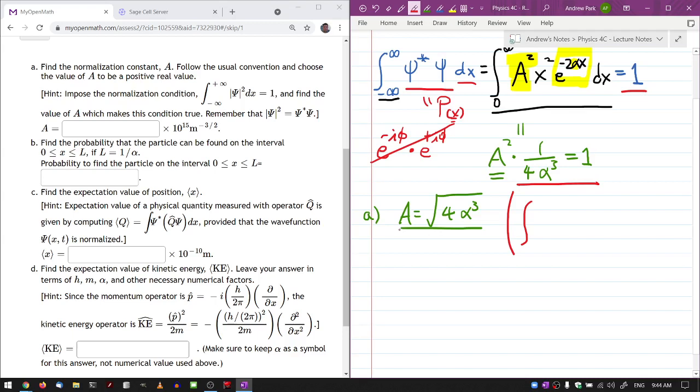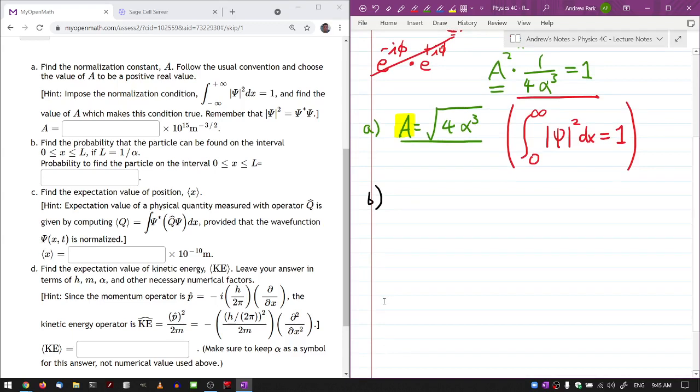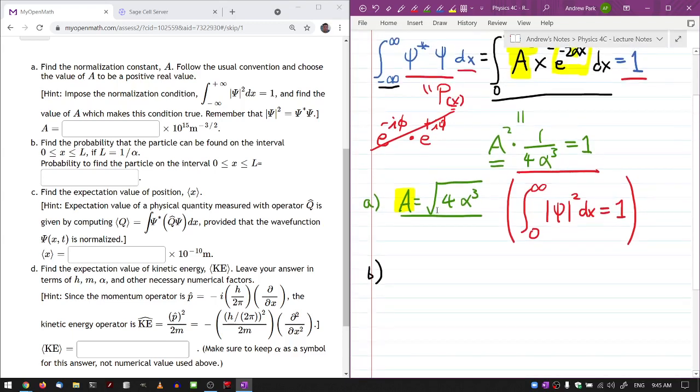So that's what we've done when we normalize this probability density in part A. So having normalized, in part B what we can now find is, all right, we know the normalization constant. So over all space, we have 100% chance of finding the particle somewhere. Now the question is, what is the probability that it's within a certain interval?